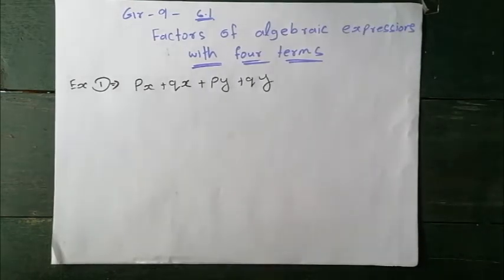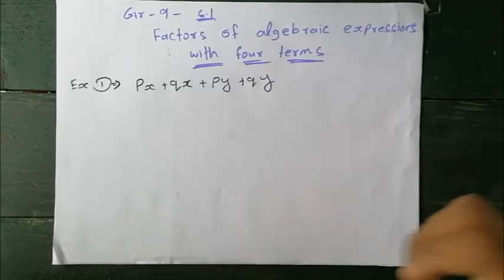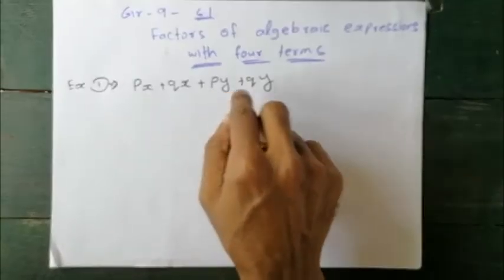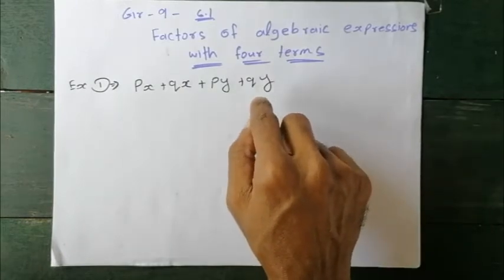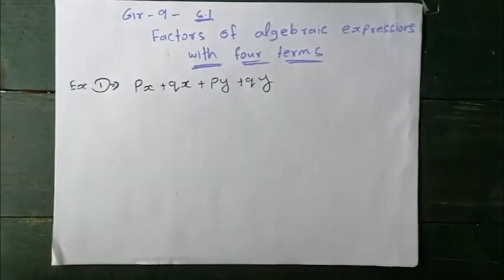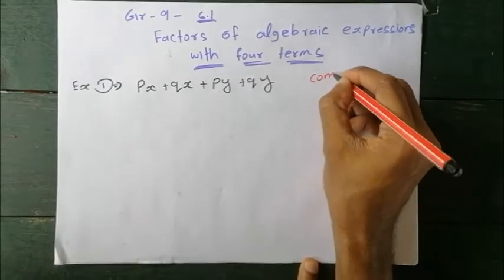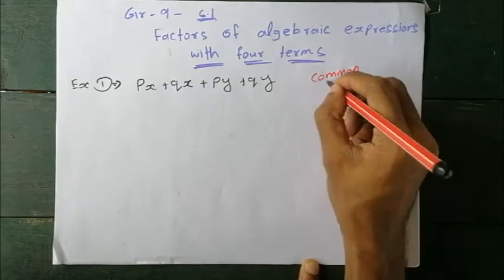If you check clearly, you can see differences from the review exercise to this example. If you check the terms, all 4 terms do not have a common term. First you need to check that all 4 do not have a common term.